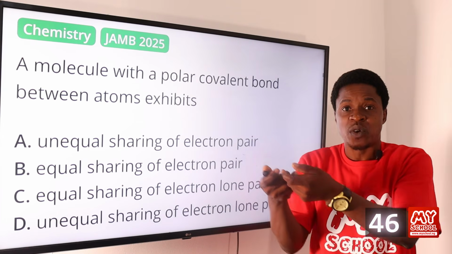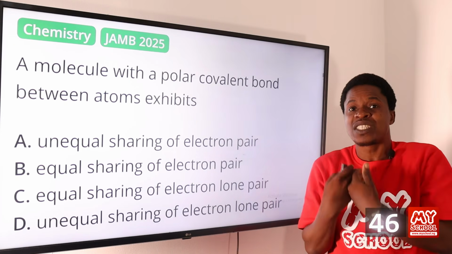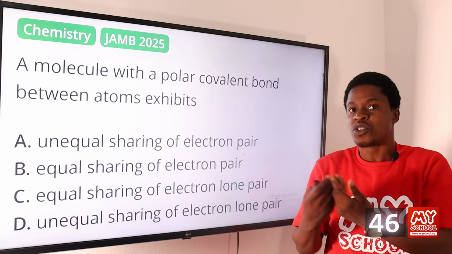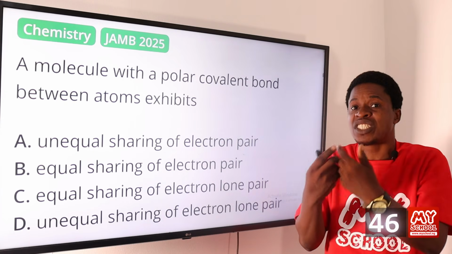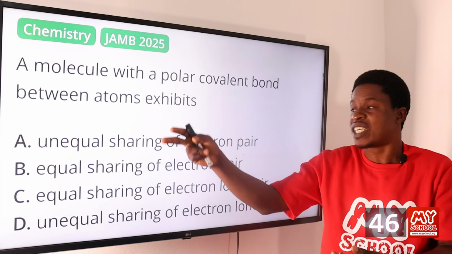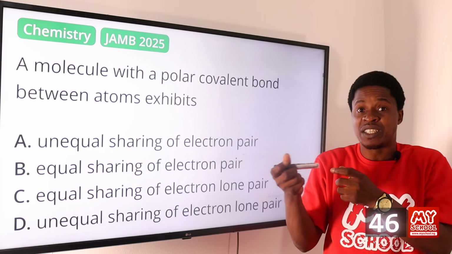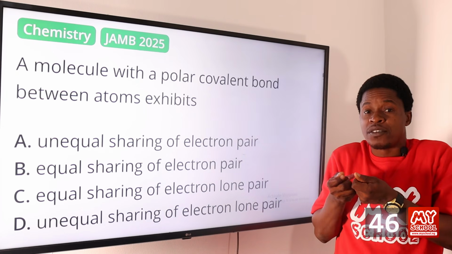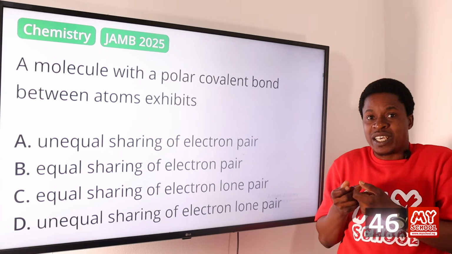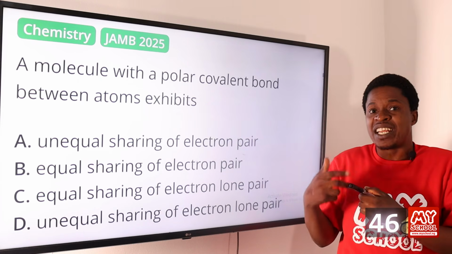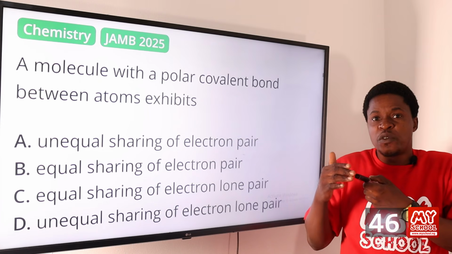So the electron pair in the bonding between the two atoms tends to be closer to the one that is highly electronegative. That accounts for the unequal sharing of the electron pair, because the highly electronegative atom draws the bond toward its side, so the pair spends more time closer to it, while the less electronegative atom is moved away from it.